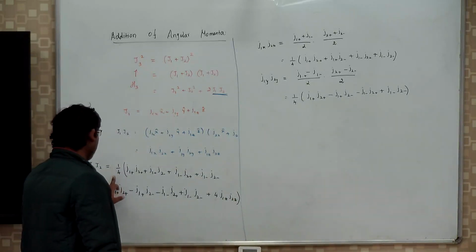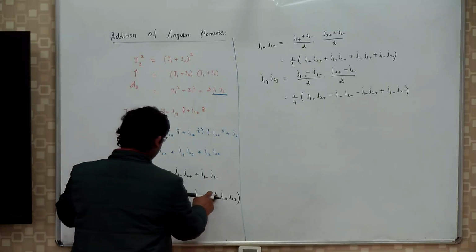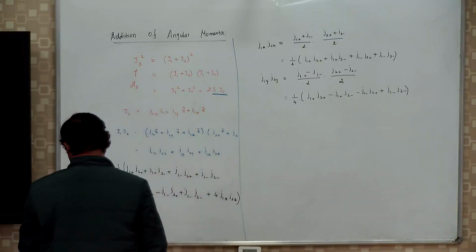So if we multiply 1 by 4 inside, this 4 gets cancelled, and again we get back this.